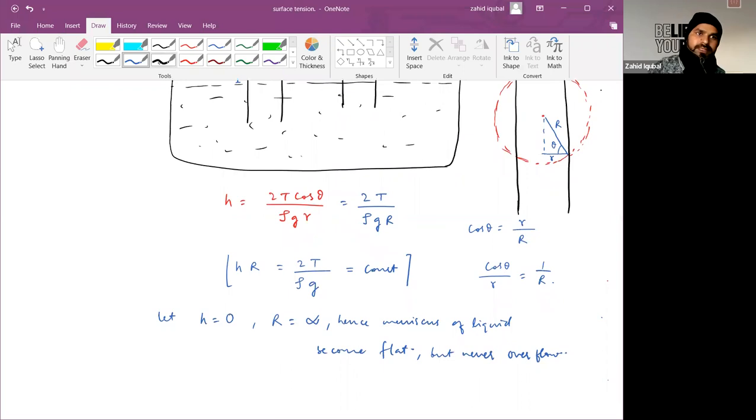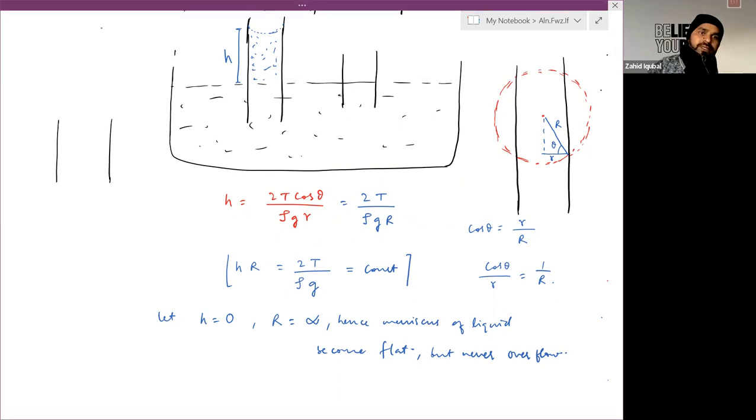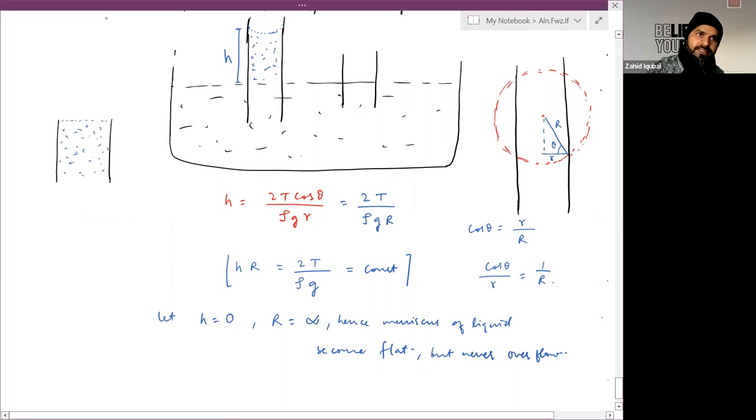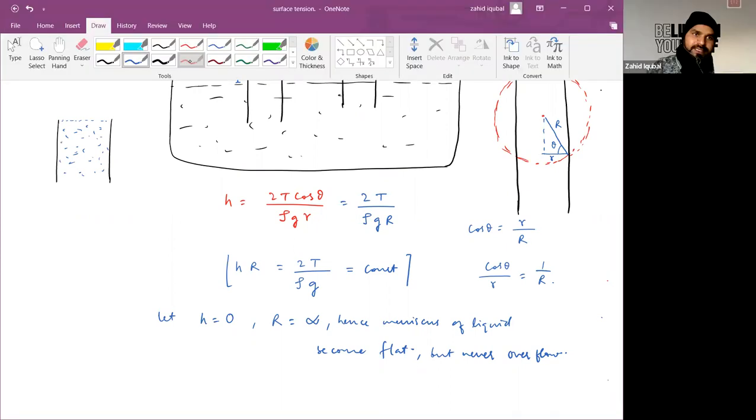Suppose in this case, when the meniscus of the liquid becomes flat in this tube for insufficient height, it will become like this. So if I ask you what will be the pressure difference between two different surfaces in this case, it is 0.